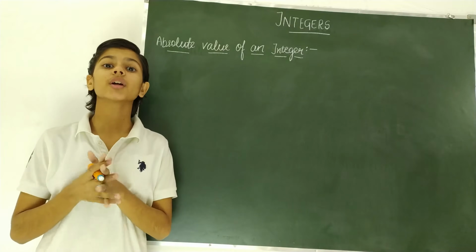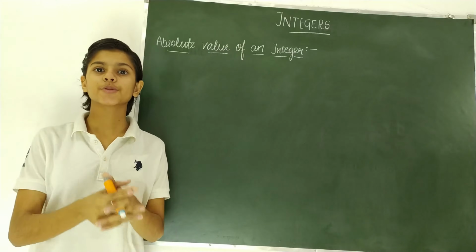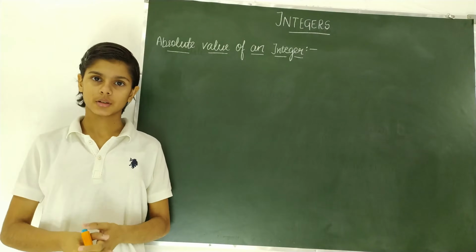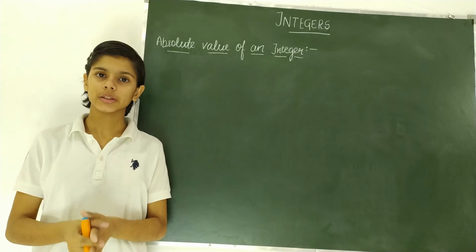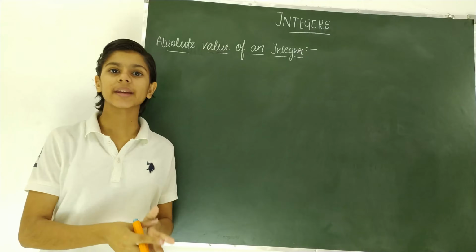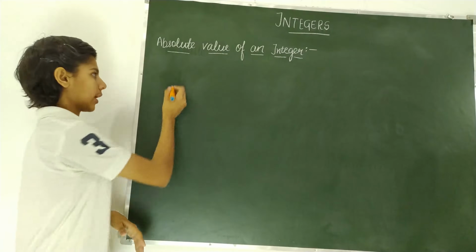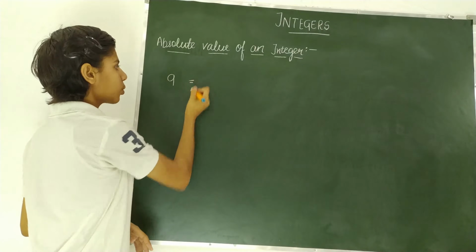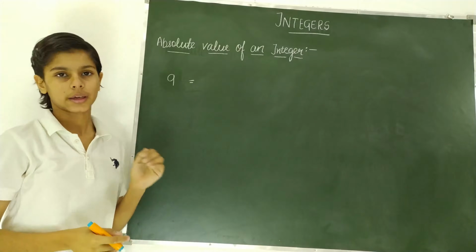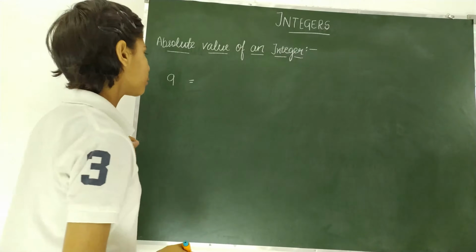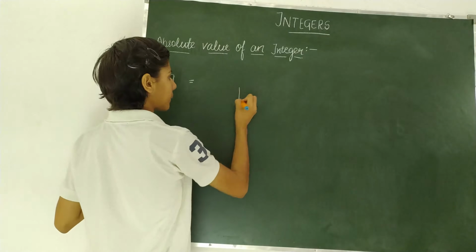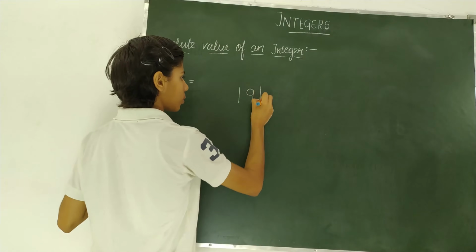Now we are going to discuss the absolute value of an integer. Absolute value means only the numerical value regardless of the sign. For example, I have 9. What is the absolute value of 9? For representing the absolute value, you put the number between two bars.